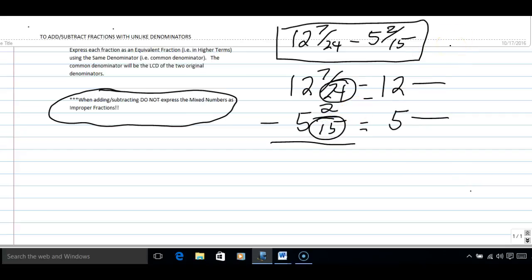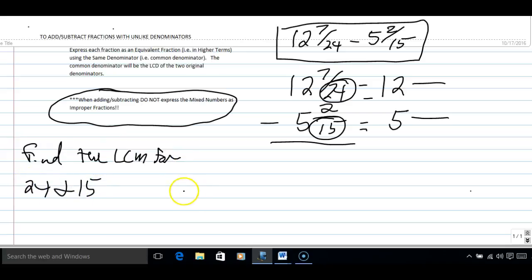So we're going to find the LCM for 24 and 15. Now we could make our list here, but this is one of the examples that I did for you prior where I did make a list, and I found that the LCM for these two was 120.